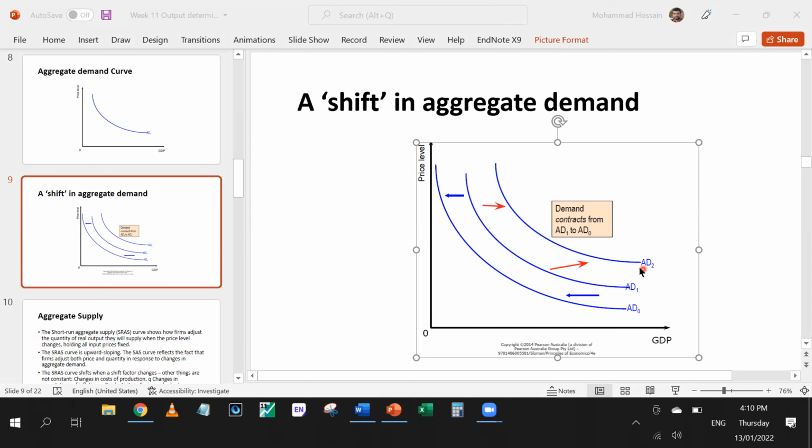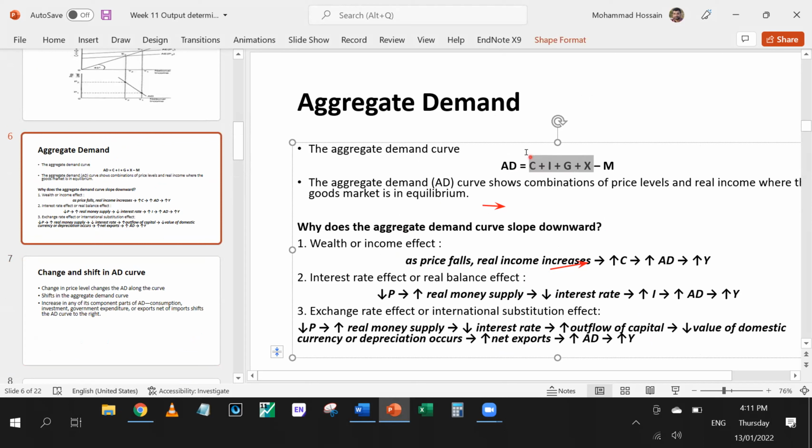Now, what about the aggregate components? In case of the component parts of GDP, consumption or any of these, it will be shifting to the right. So if you go back, when any of these four, C, I, G, X, increases, the aggregate demand curve will be shifting to the right.